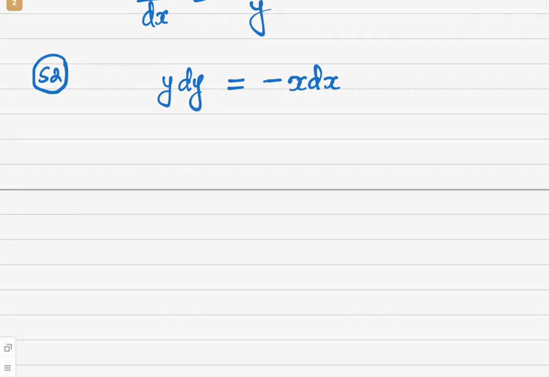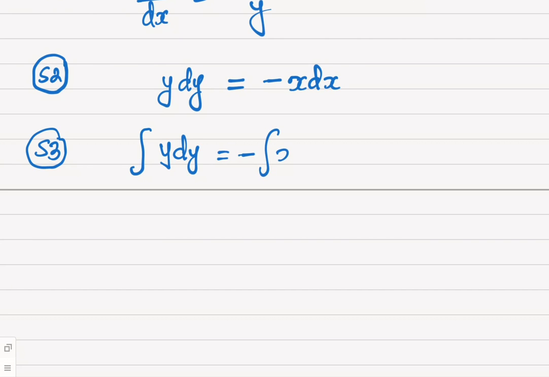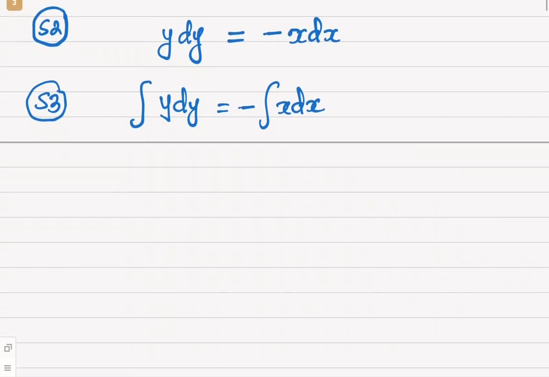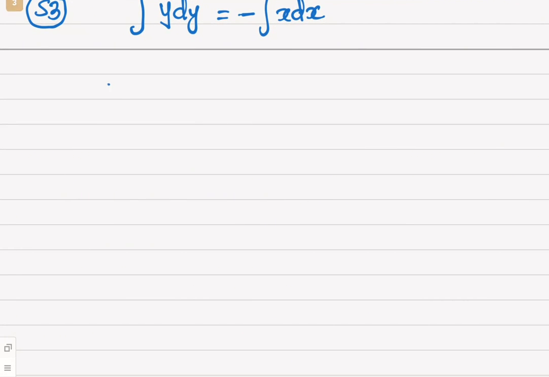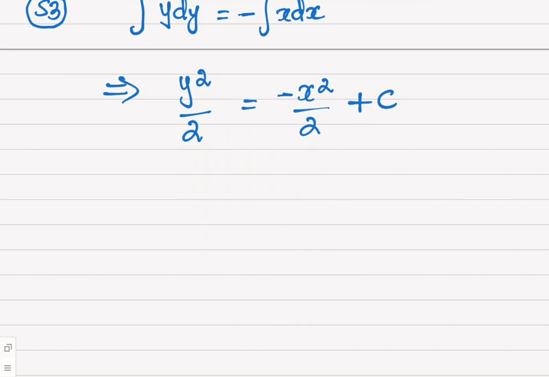Now step 3 is very simple, it's just integrating. If I integrate both sides, I'm going to have the integral of y dy equals negative the integral of x dx. This is a very simple integration, and if you integrate that, we are going to have y squared over 2 equals negative x squared over 2 plus that arbitrary constant right there.